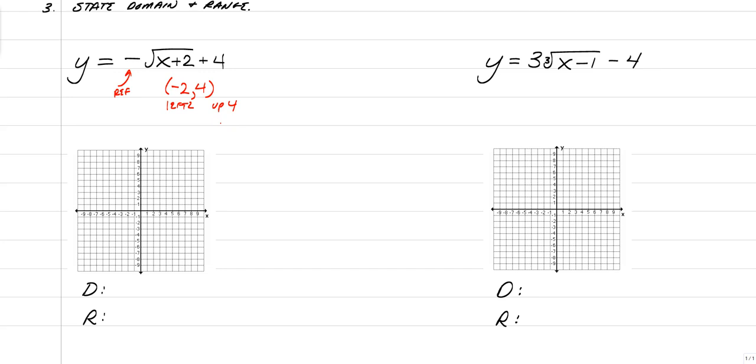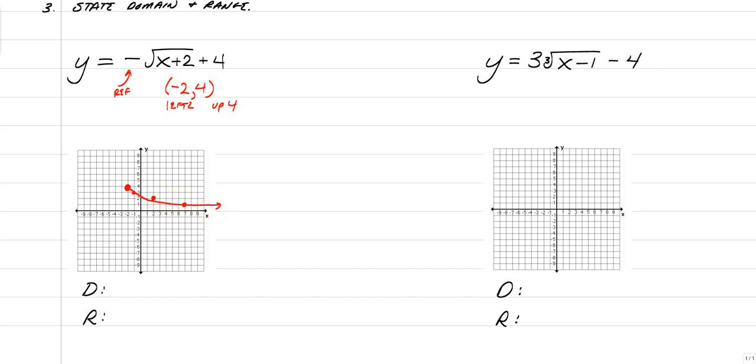So that is our transformations. So we're going to start at negative 2, 4, left 2 and up 4. But then we're going to graph down because it's been flipped. And our graph looks like this.